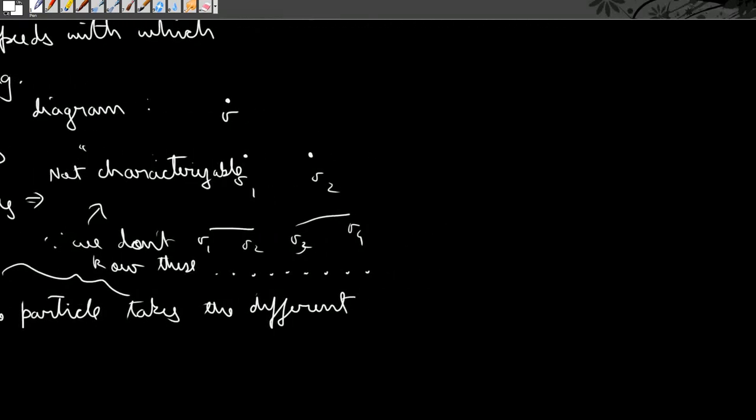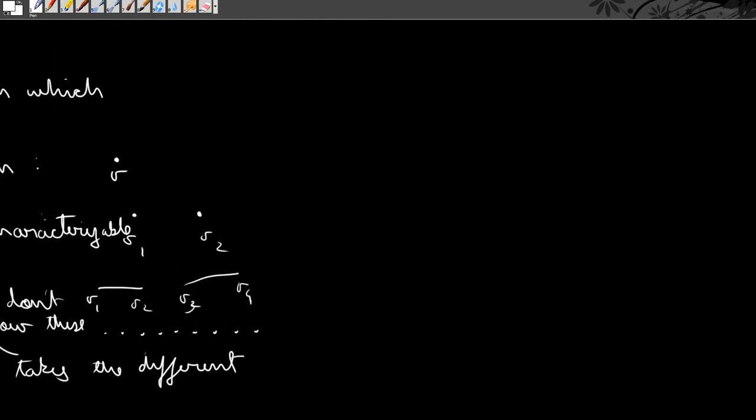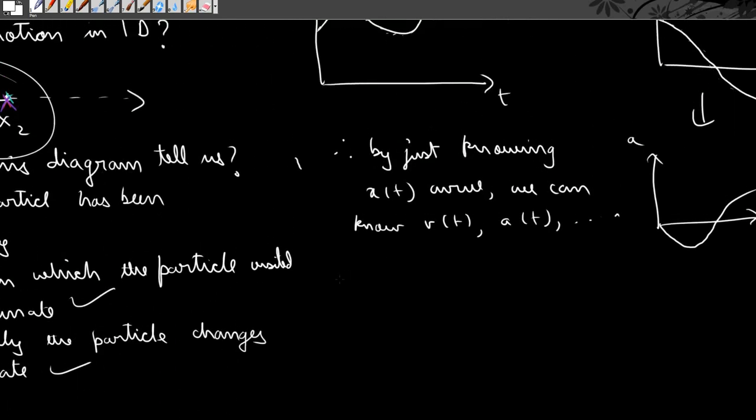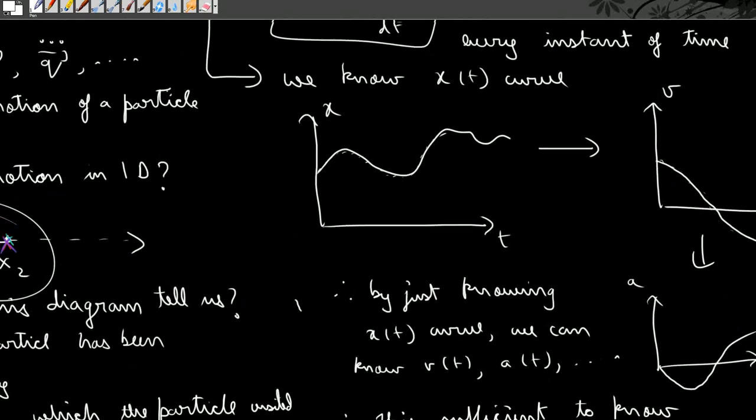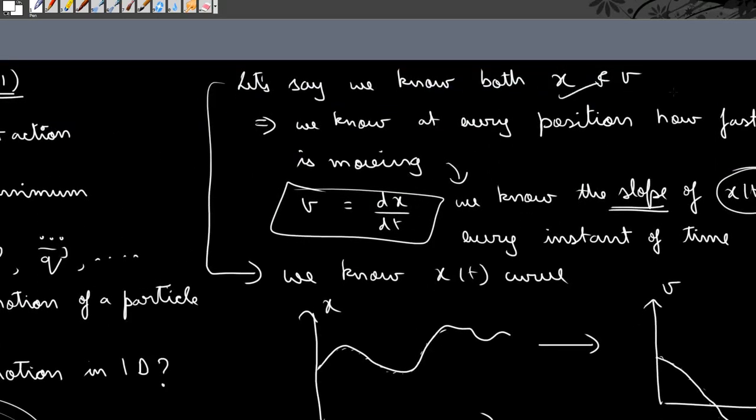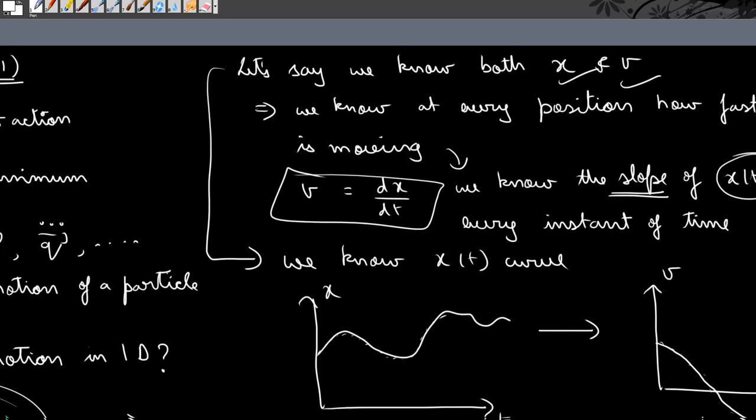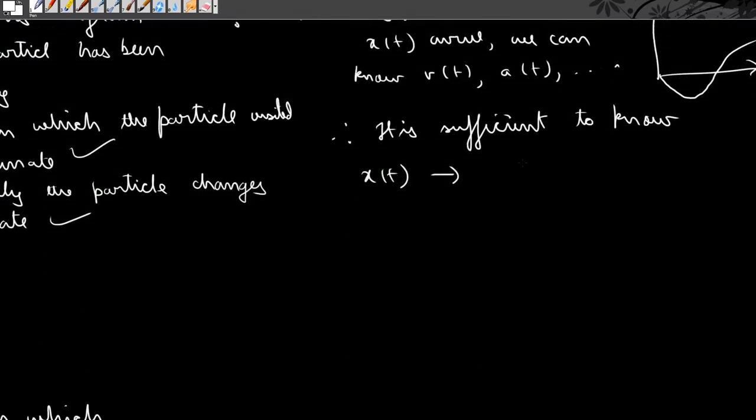So basically we know everything about how the particle is moving, and therefore we can conclude that it is sufficient to know x of t, which in turn implies knowing the position and velocity with respect to time.